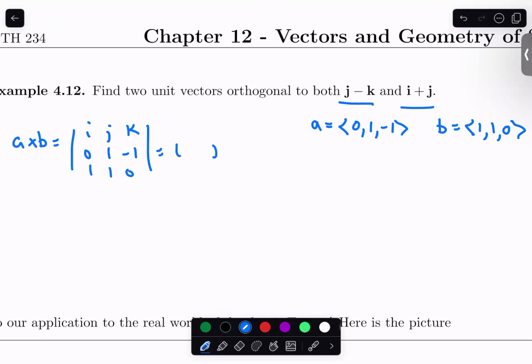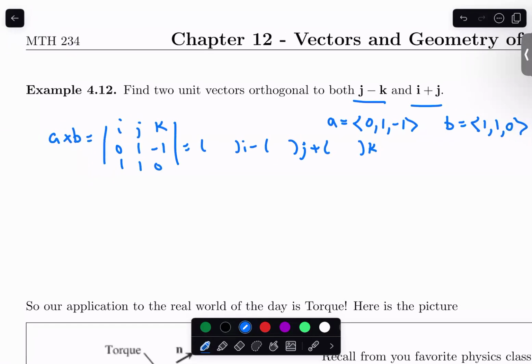I'm going to get stuff with i's minus stuff with j's plus stuff with k's. Crossing off the first row, first column, it looks like I have 0 minus -1. Crossing off the first row, second column, it looks like I have 0 minus -1.